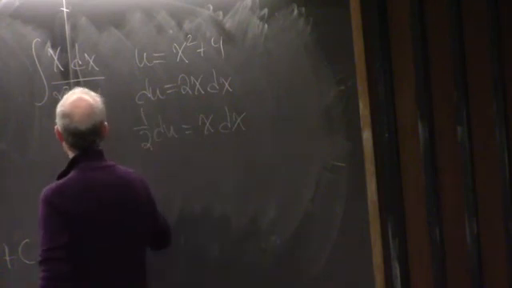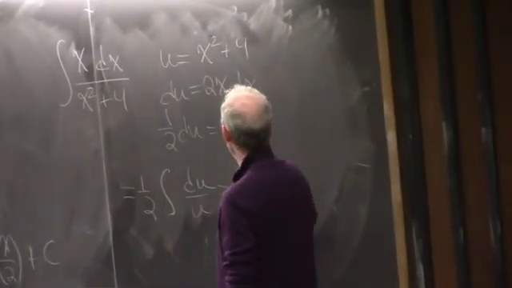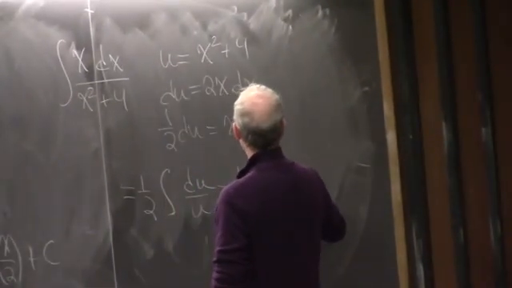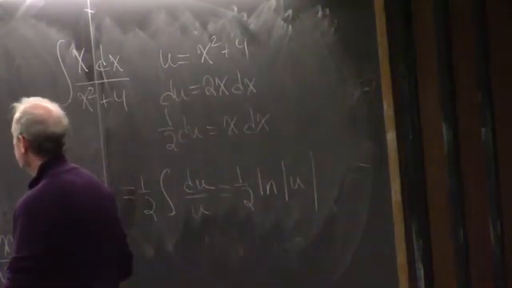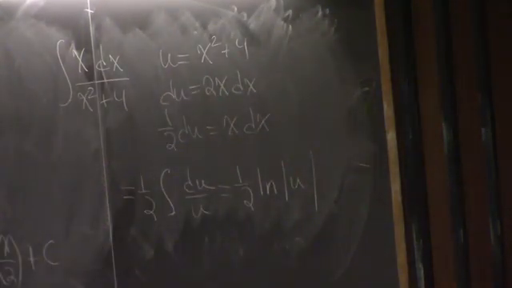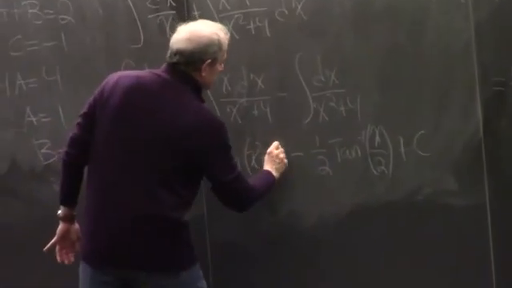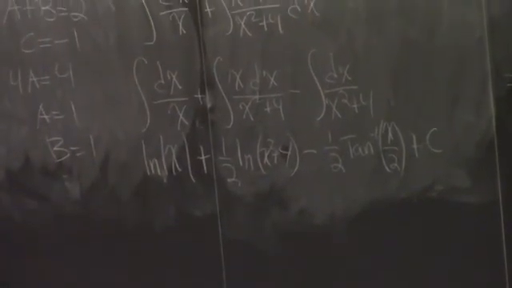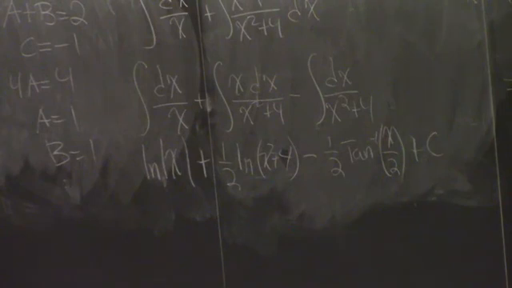This is 1/2 integral of du over u, which is 1/2 ln of the absolute value of u, or 1/2 ln of (x^2 + 4). You don't need the absolute value bars because x^2 + 4 is always positive. You can put them in if you want. They're just unnecessary.